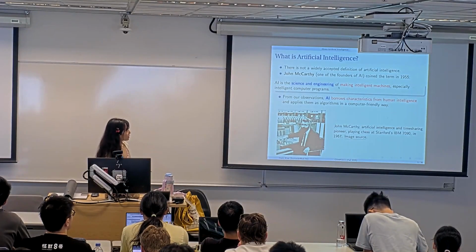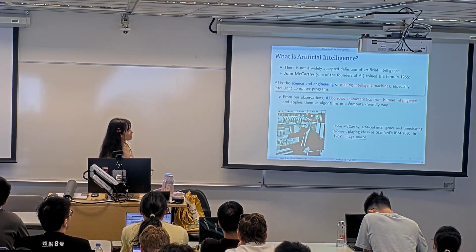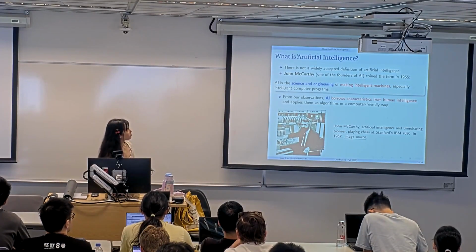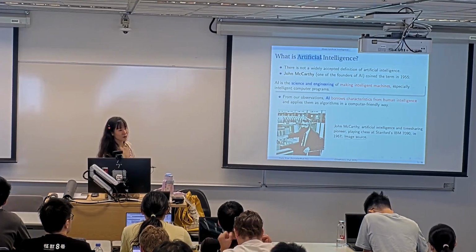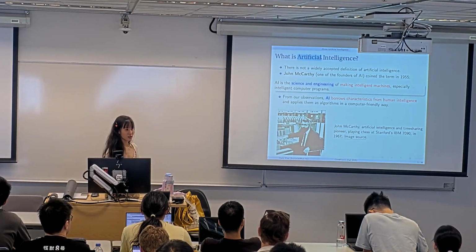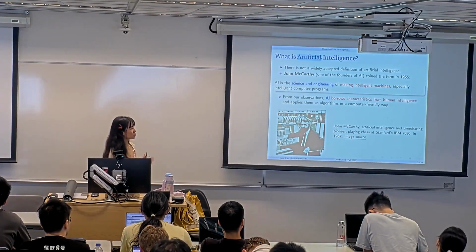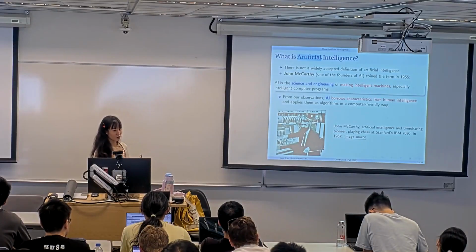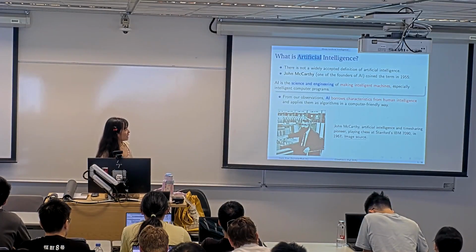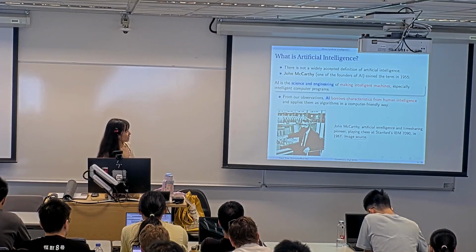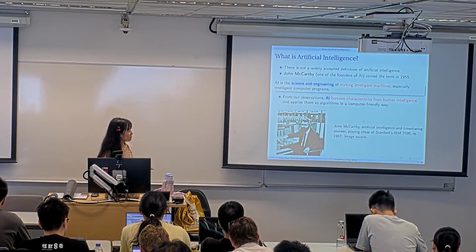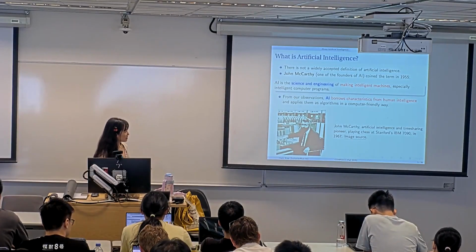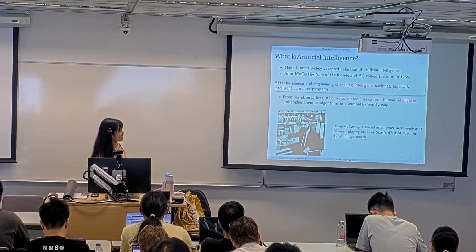Because, of course, one important part of artificial intelligence is artificial. Artificial is just like human, right? So it has to borrow this characteristic from human intelligence. And John McCarthy, who is the artificial intelligence and time-sharing pioneer. This is his picture playing chess.